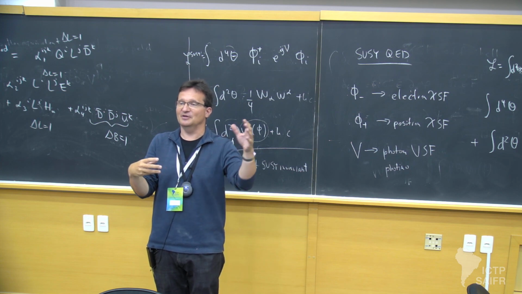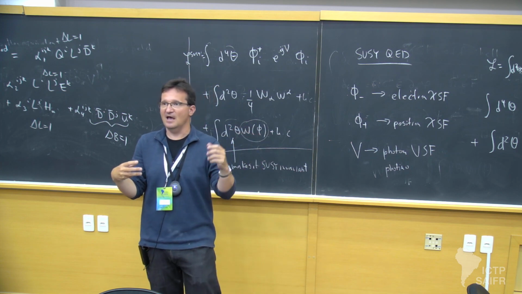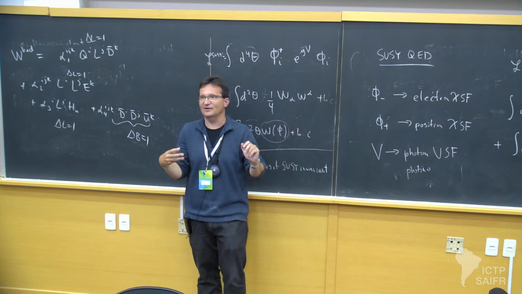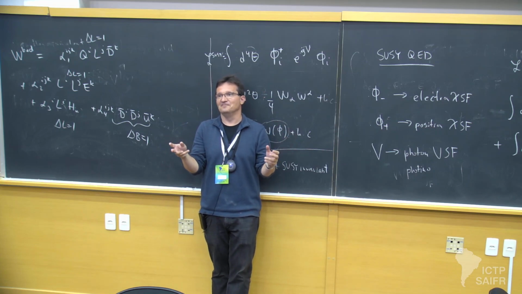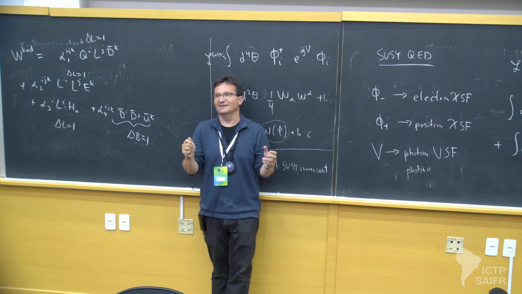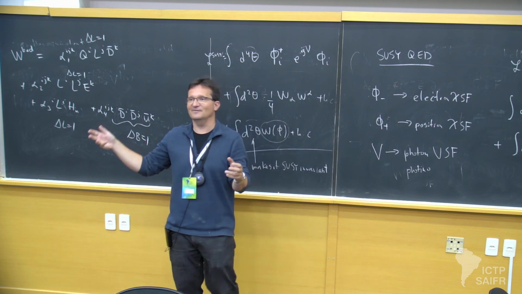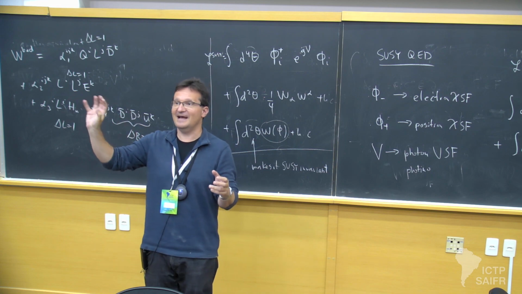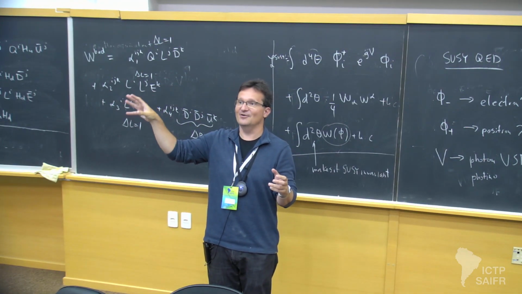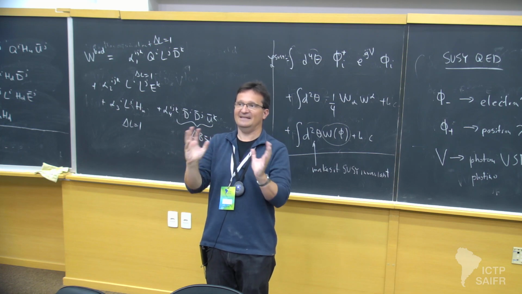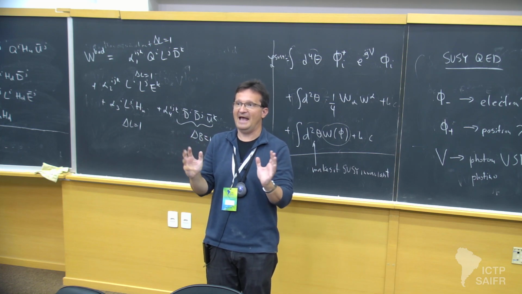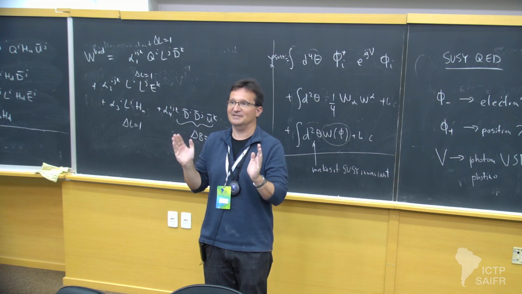Of course, the massive gauge bosons are now going to have 3 degrees of freedom, but it's going to be partly coming from the bosonic degree of freedom of the chiral superfield, which will then come along with its own fermionic degree of freedom. You can show that that is perfectly sensible, and the number of degrees of freedom are actually going to match.